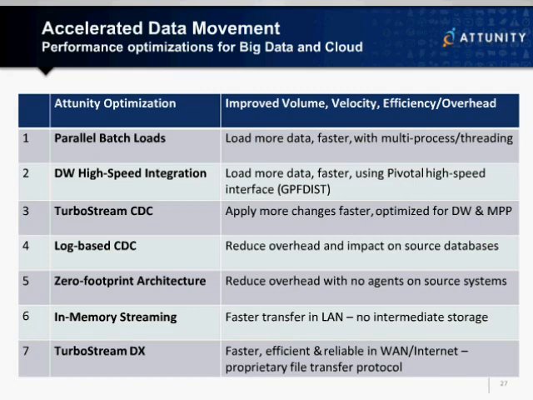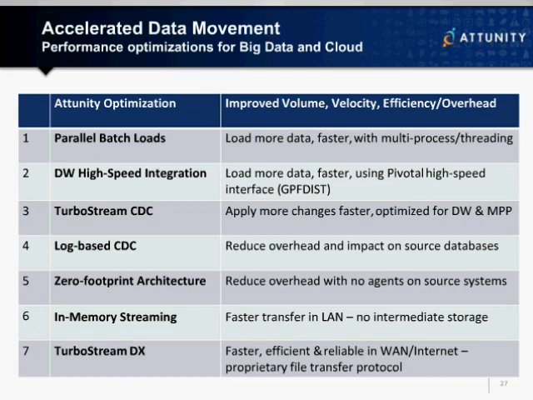In the case of Pivotal, we use gpfdist, the fastest way to load data, leveraging the MPP capabilities of the data warehouse and parallelizing the process of loading large amounts of data. At the same time, moving incremental data leverages technologies like TurboStream CDC and log-based CDC, which uses log-based integration to reduce impact on your source system while being specifically designed and optimized for loading a data warehouse and applying data into a data warehouse and MPP environment by leveraging its capabilities to get higher efficiencies and throughput.